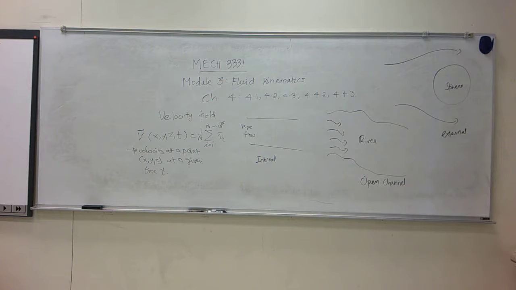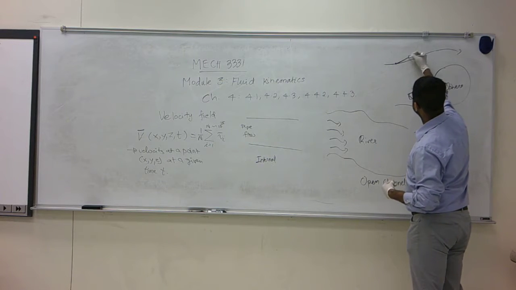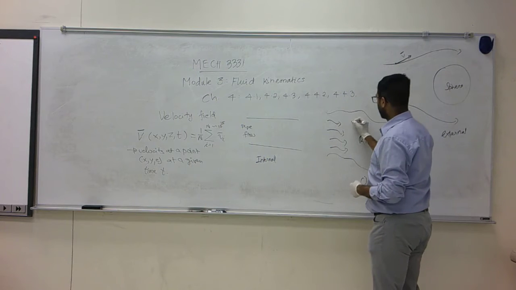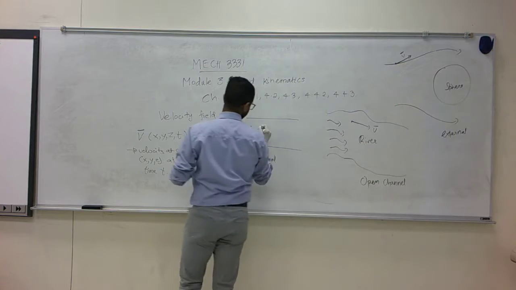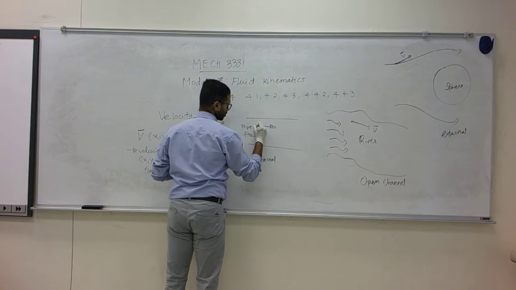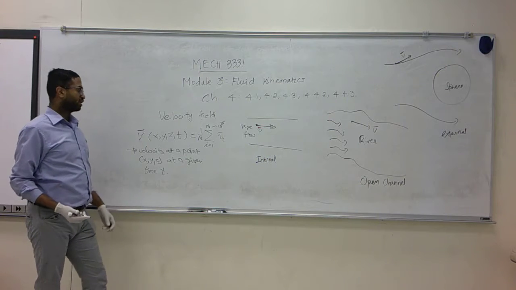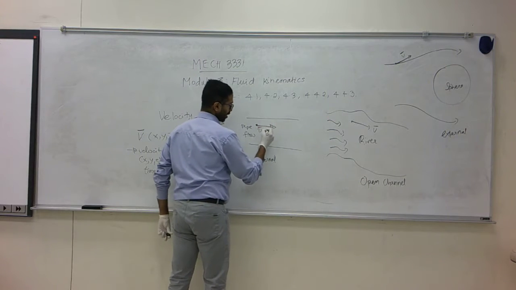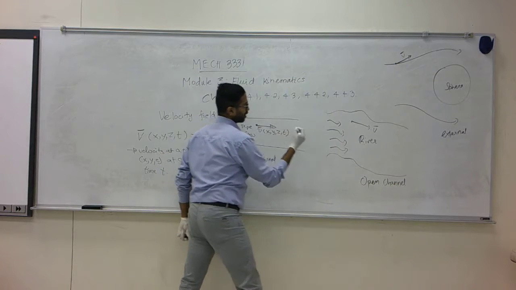If we think of the velocity of the fluid at any given point, you pick any point that you like. You can denote the velocity as being associated with that point at that particular time.